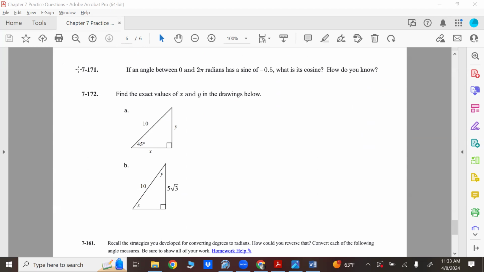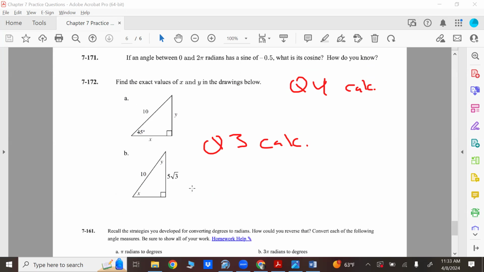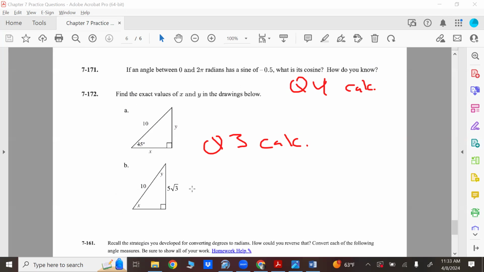Yeah, this one's an angles between 0 and 2 pi, it's kind of like question 4 calculator, unit circle stuff. And then this one here is back to question 3 calculator. I think we kind of hit everything pretty much. So it's like question 4 calculator, kind of.